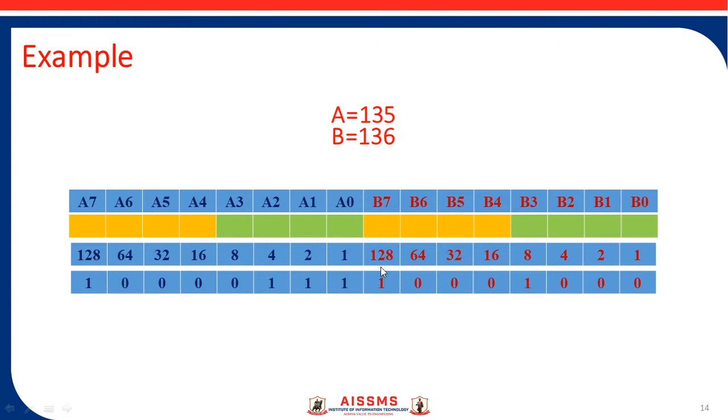So if you multiply 128 with 1, then add 64 multiplied by 0 plus 32 multiplied by 0 plus 16 multiplied by 0 plus 8 multiplied by 1 plus 4 multiplied by 0 plus 2 multiplied by 0 plus 1 multiplied by 0. This addition is 136. So like that we have to convert 136 into a binary number.